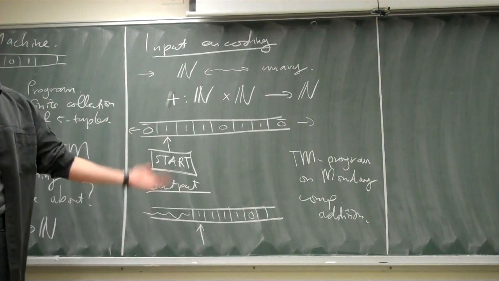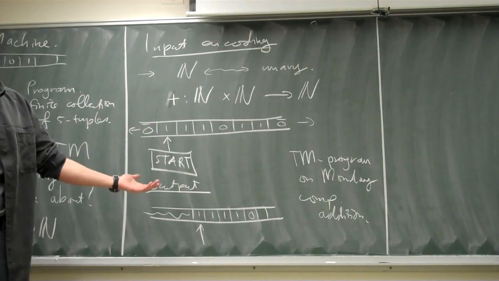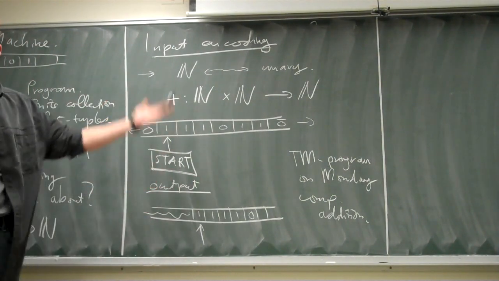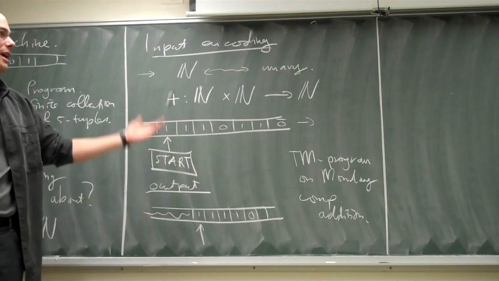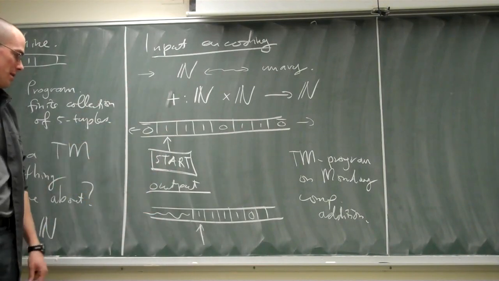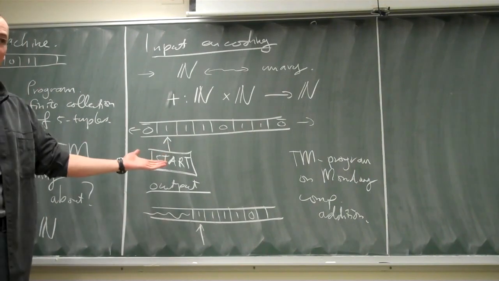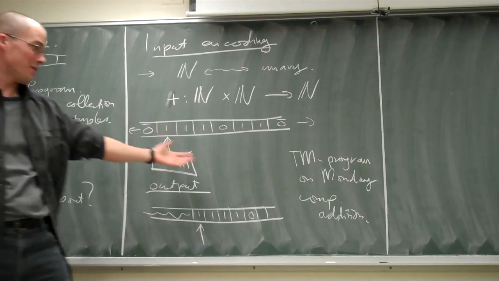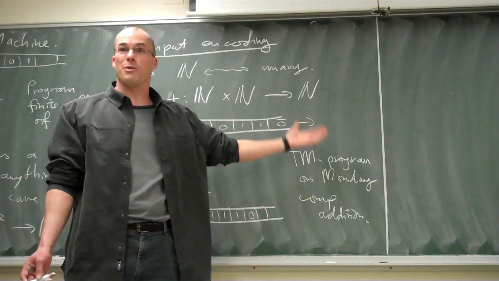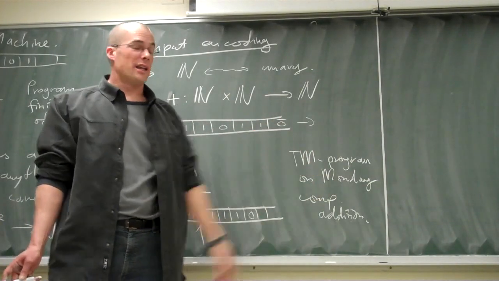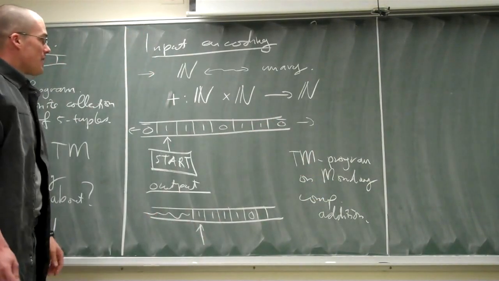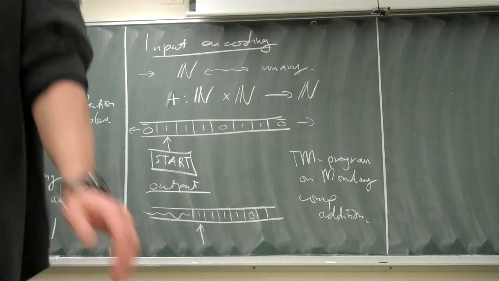So that's how Turing machines compute stuff in general. You come up with some conventions about these things, and then relative to these conventions, you can write Turing machine programs that compute things. And there's a couple of standard ones.